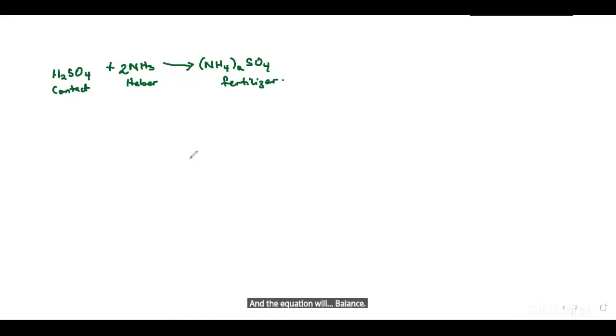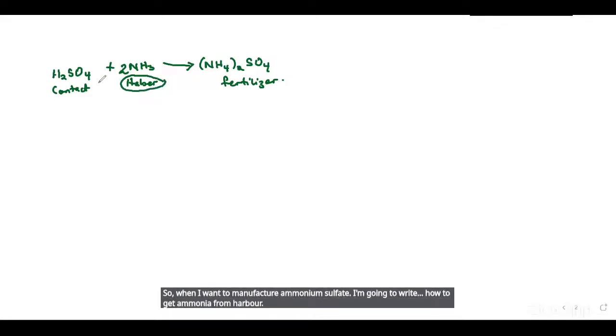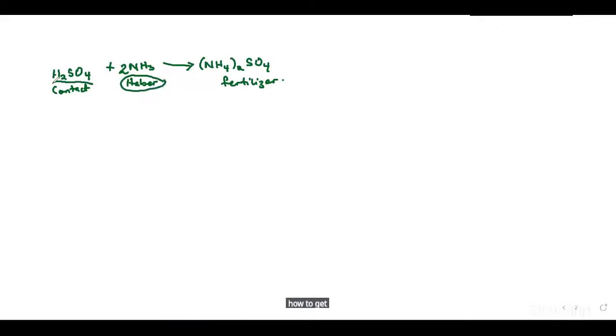So when I want to manufacture ammonium sulphate, I'm going to write how to get ammonia from Haber, how to get sulfuric acid from contact.